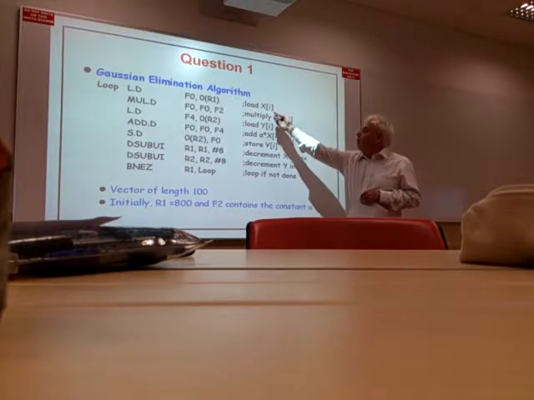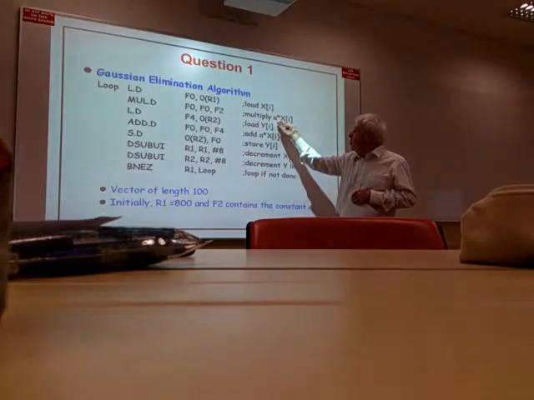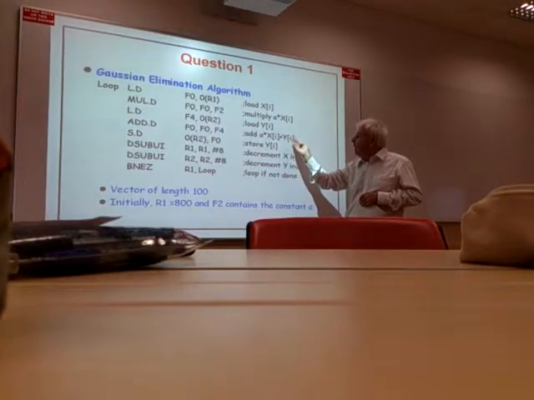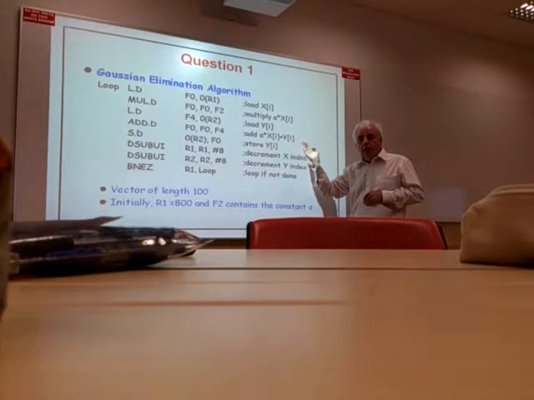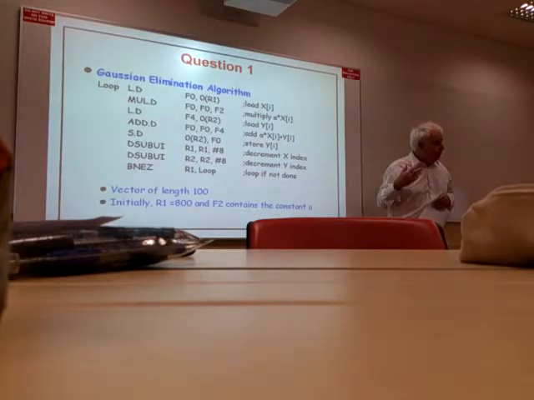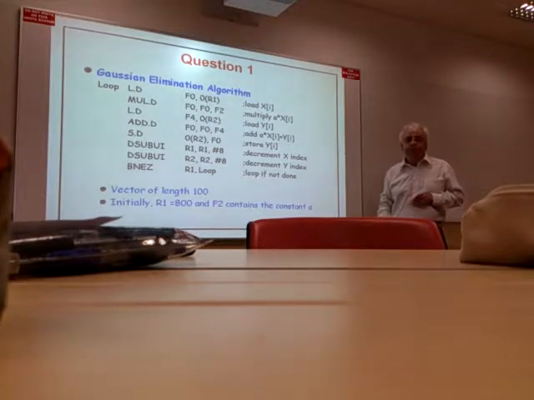So here we load xi and multiply it by a constant a, and then we add a times xi to yi, and we do this for the complete row of the matrix, and that can then help us to solve this linear equation. This is just part of the algorithm for solving linear equations.